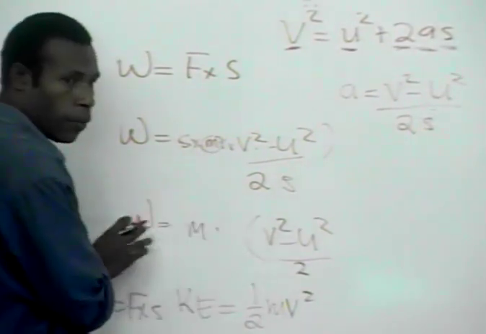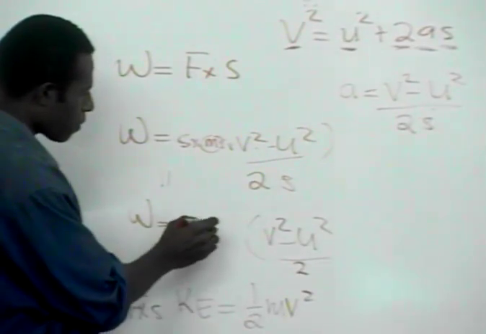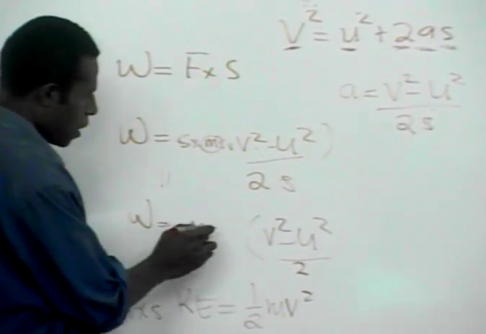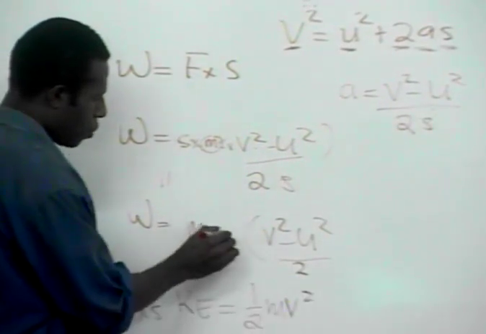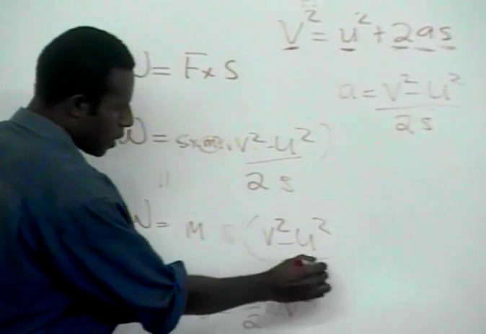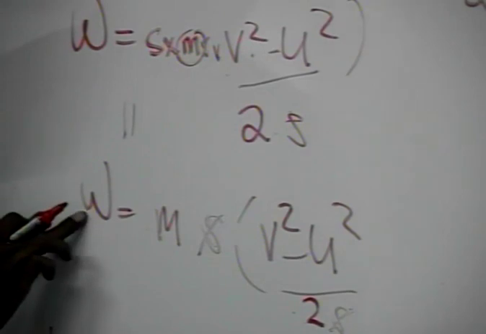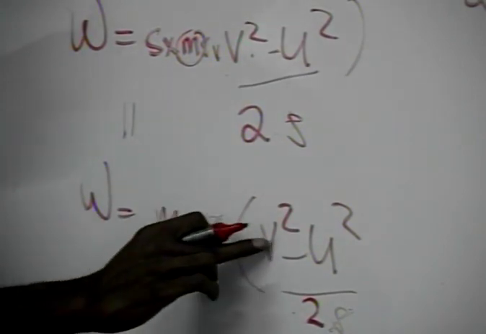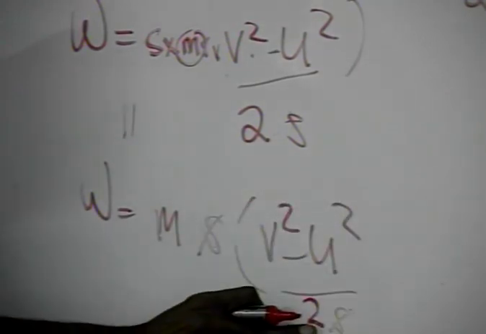Then we derive that further. Work equals mass times the acceleration, and we have an s here, and this s and s cancel out. So we are left with work equals m times v squared minus u squared over 2.